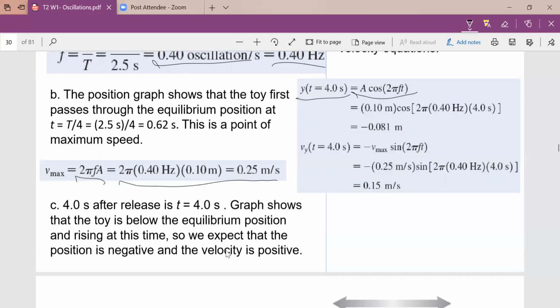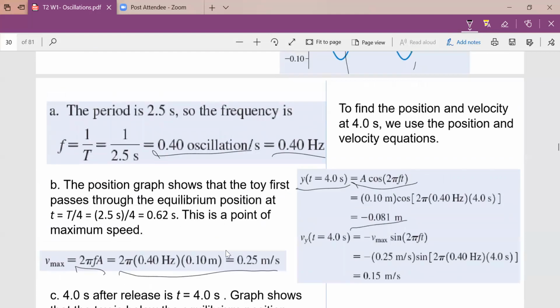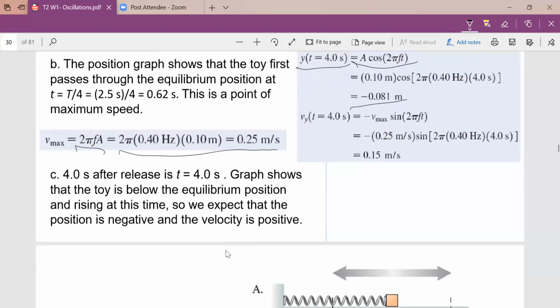So substituting the values into it, we see that the displacement is actually a minus because of the direction of the pull. All right, one moment.